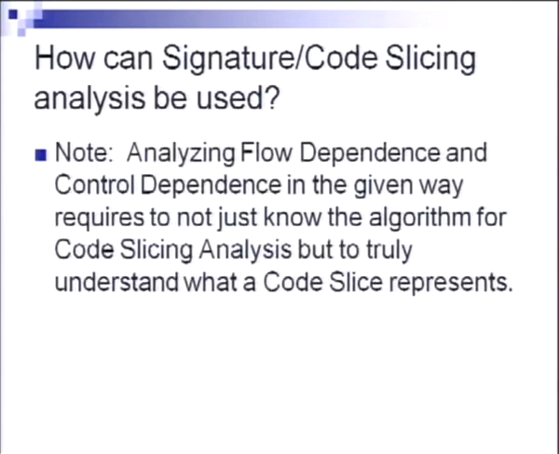So, note, analyzing flow dependence and control dependence in a given way requires you to not just know the algorithm for code slicing, but to truly understand what it represents. You also need an understanding of what the malicious code is intending to do. So this takes a lot of hand holding, but the analysis is there.